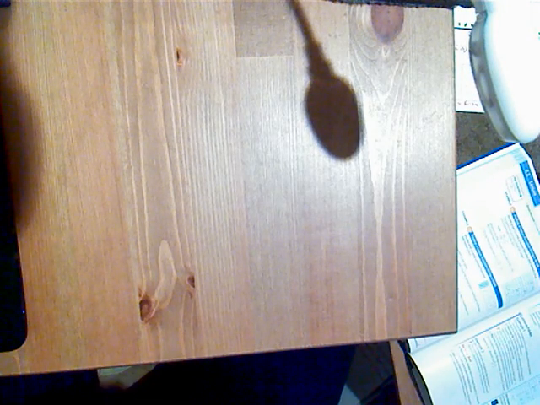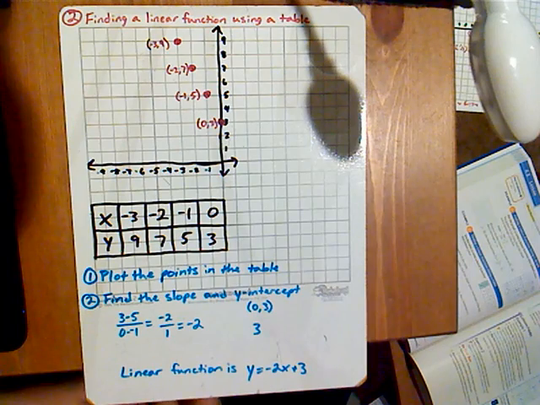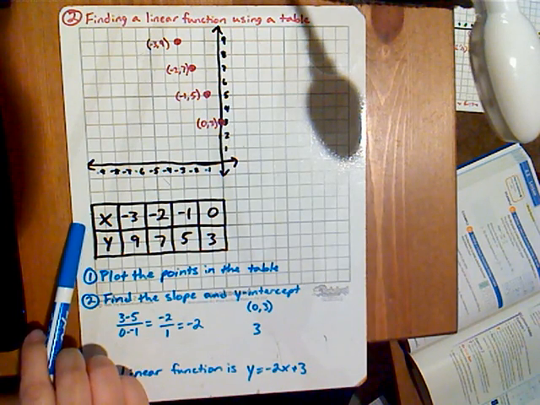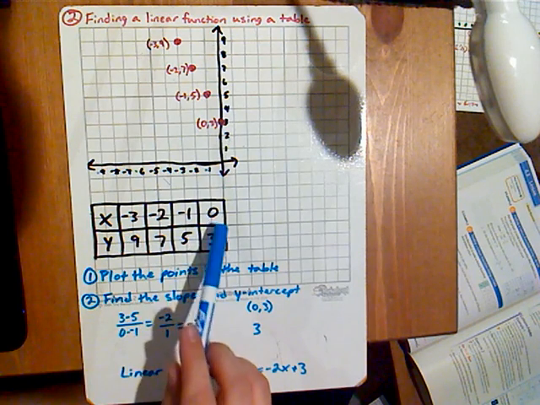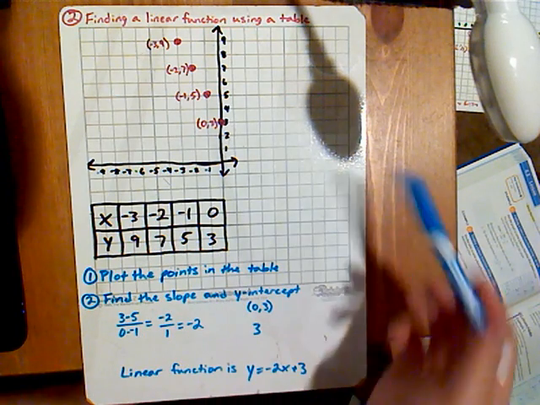Next, we are going to look at finding a linear function using a table. So we are given the table x equals -3, -2, -1, and 0, and y equals 9, 7, 5, and 3.